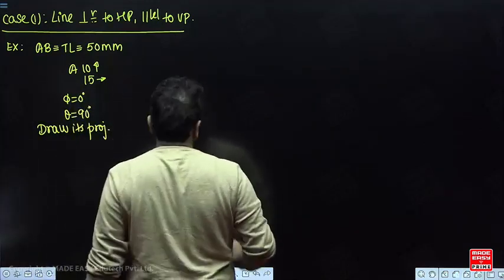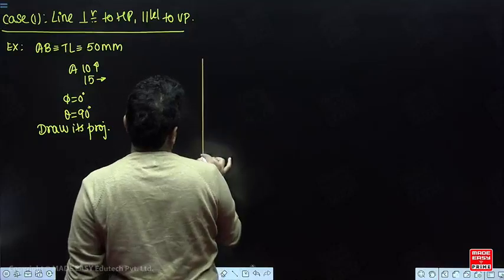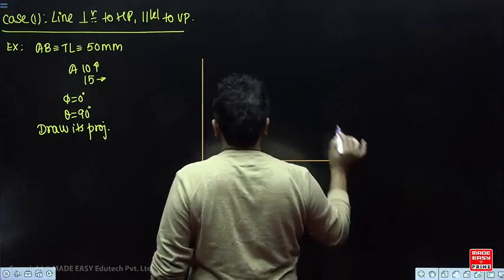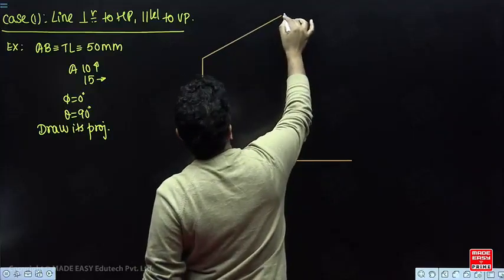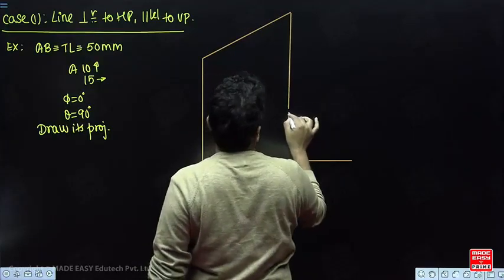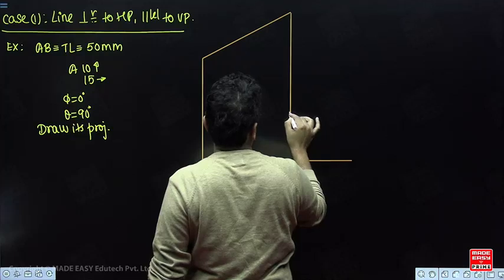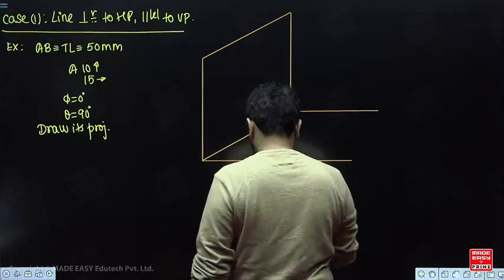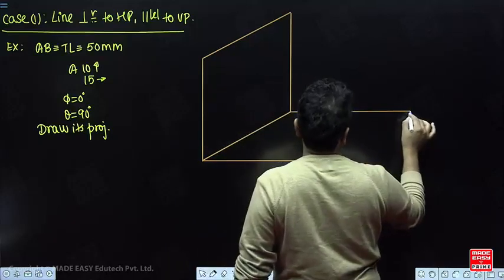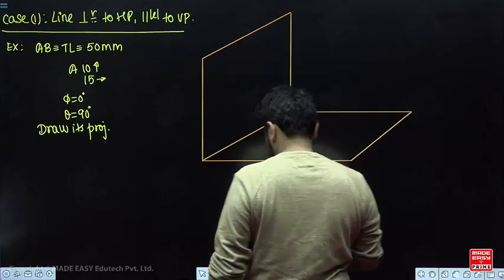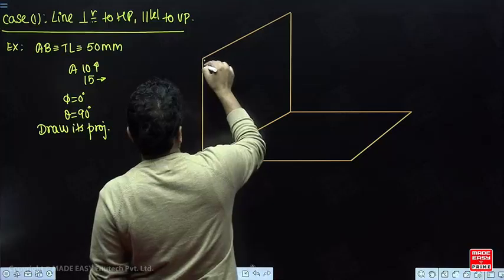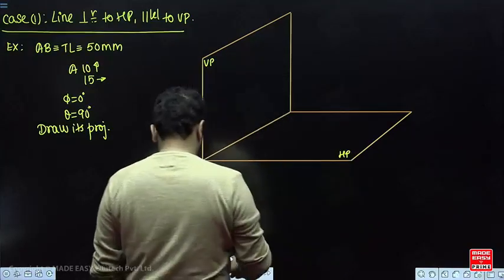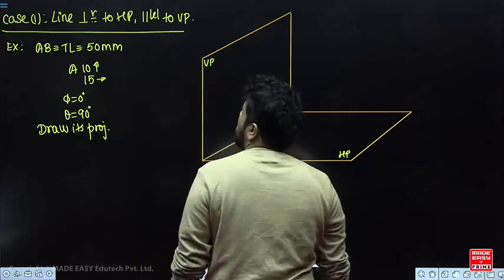So let us see. This is VP. This is HP. करेक्ट. क्या करना है हमें? हाँ.